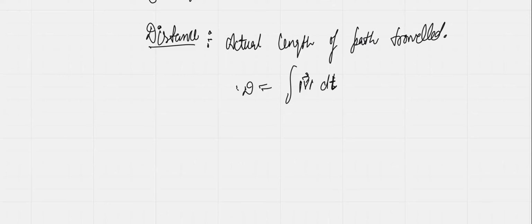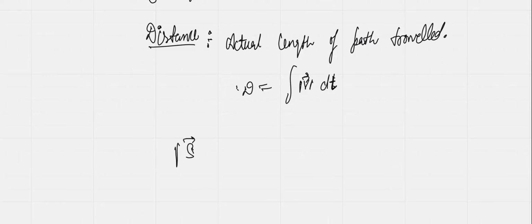All right. Now the magnitude of displacement. I can simply say that the magnitude of displacement can never be greater than the distance. You know this is what my representation of displacement was.